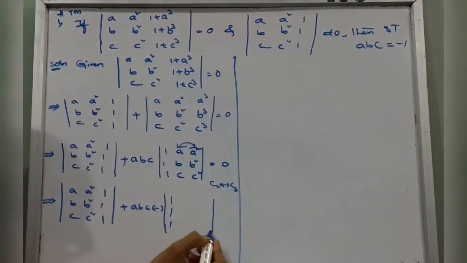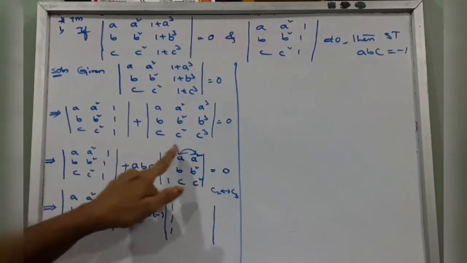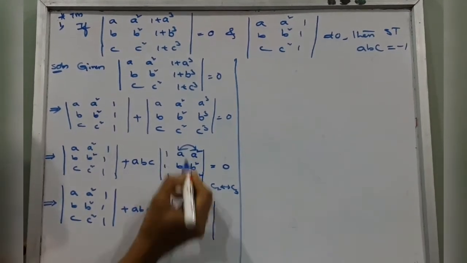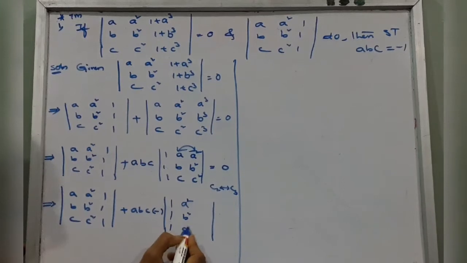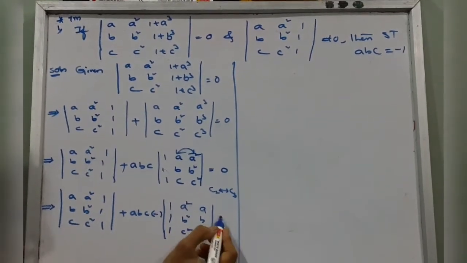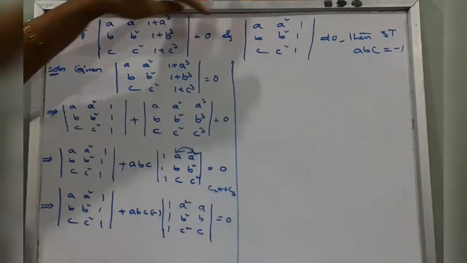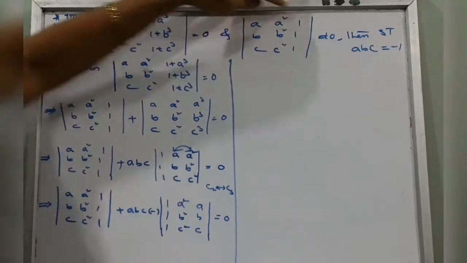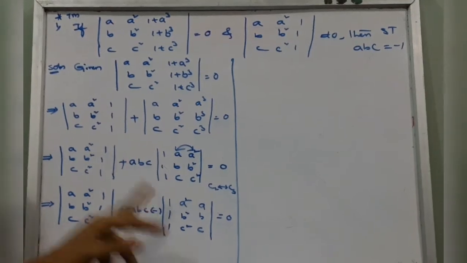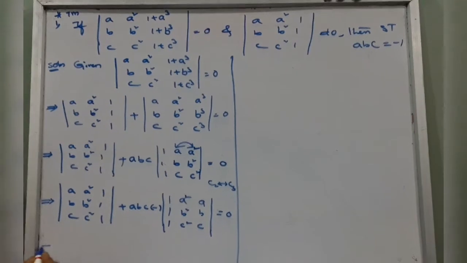The first column is the same, 1 1 1, and here interchanging C2 and C3, the third column goes to the second column: a square, b square, c square, and the second column goes to the third column: a, b, c, is equal to 0. Because the first matrix is already given in the question, a square 1, b square 1, c square 1 not equal to 0, that's why we have to interchange only the second matrix.